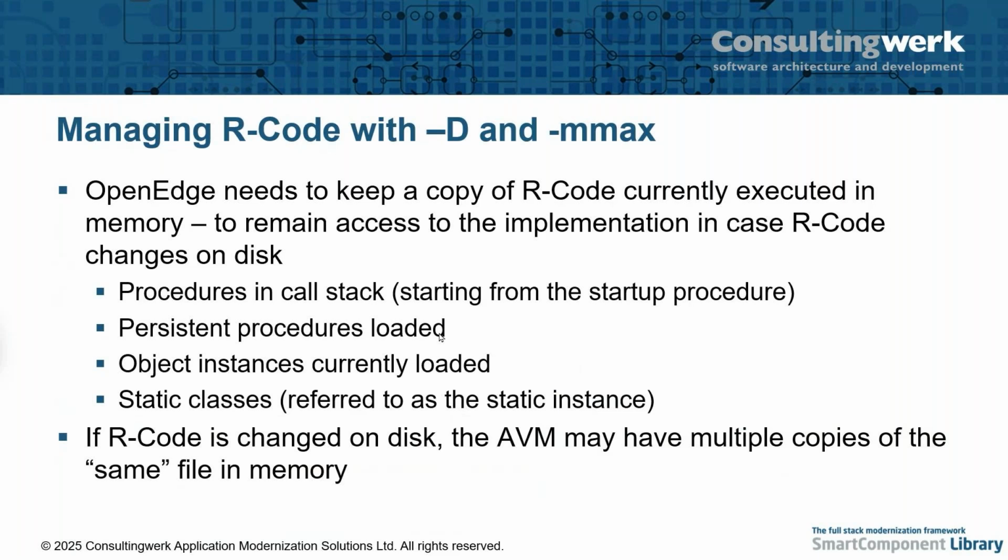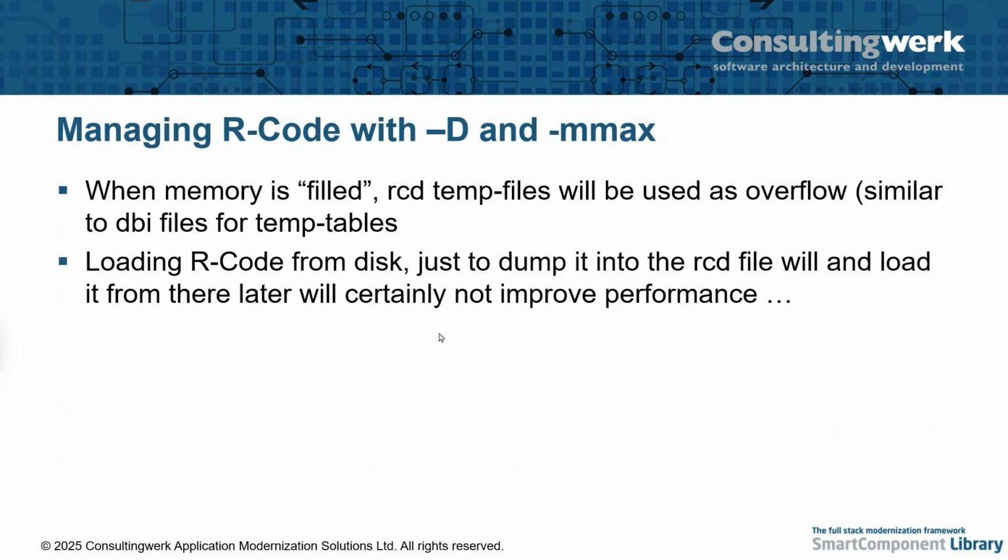So that is memory that is allocated for managing R code, and there are startup parameters to control that. When you use these startup parameters to limit that memory, you may force the Progress client to dump R code into temp files, the RCD temp files, as an overflow.